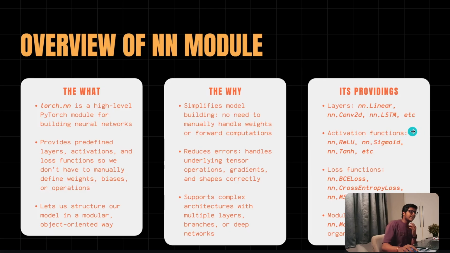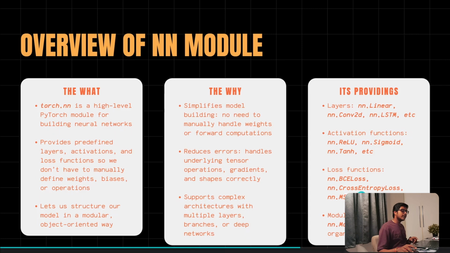Next, it provides activation functions like ReLU, sigmoid, tanh. It has loss functions like binary cross entropy loss, which is used in binary classification problems. It provides cross entropy loss, which we use in multi-class classification problems. It gives us MSE loss and MAE loss, which are generally used in regression problems.